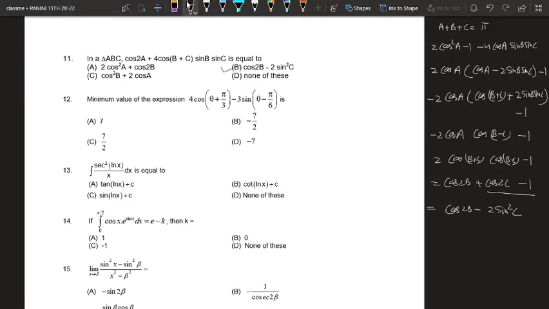Now, the minimum value of this expression. I think this problem is based on a cos theta plus b sin theta. So we need to collect the terms of sin theta and cos theta.